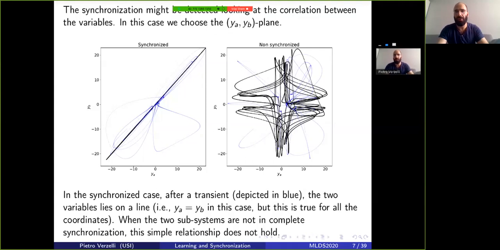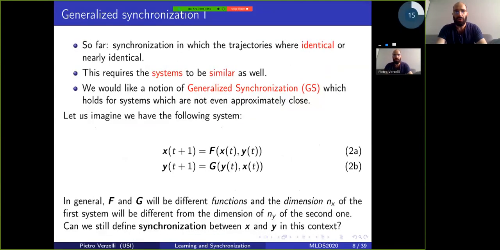Maybe a system which has this shape, so when the coordinates are linked by this complicated relation, as in the right panel, maybe still there is synchronization going on, but we are not able to detect it because we are only looking for the identity function, but in reality maybe there is something else. There is a more complicated function linking the state of the one system to the other system, but we are not looking for it. So that's why generalized synchronization was defined.